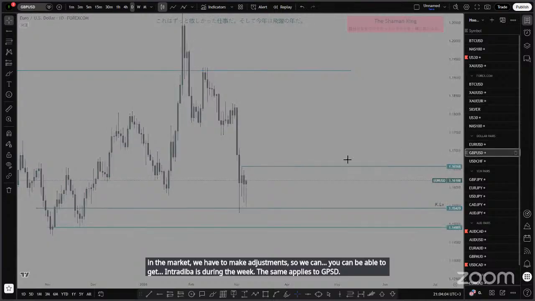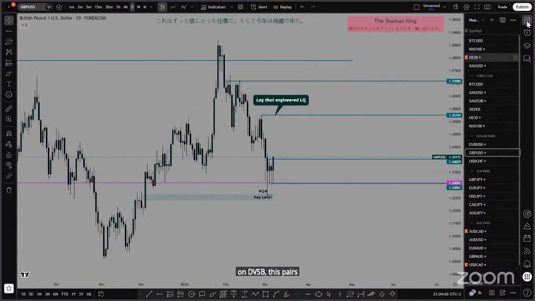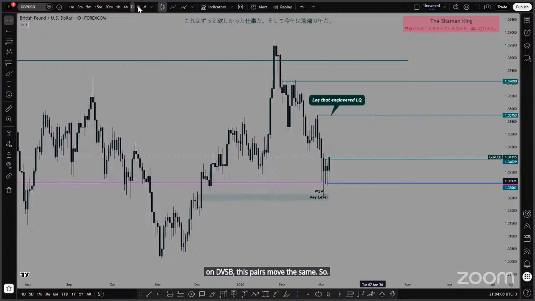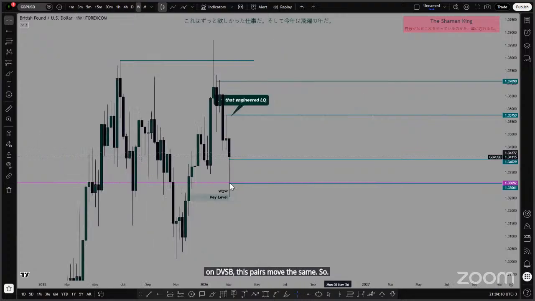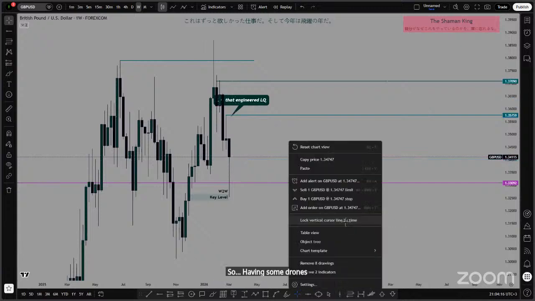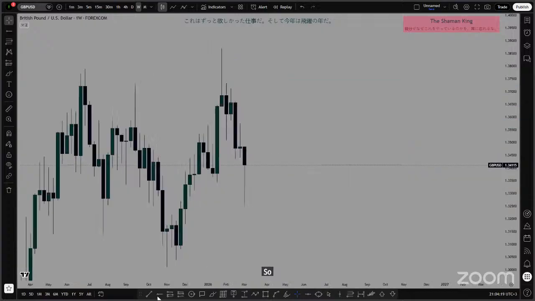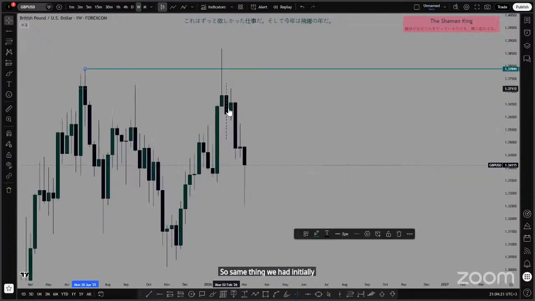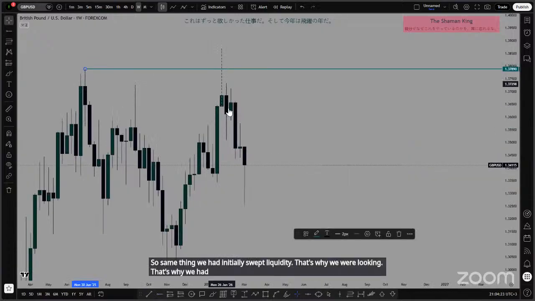On GBPUSD, these pairs move the same, so having some drawings over here. So same thing. We had initially swept liquidity. That's why we had a short since the whole of February.